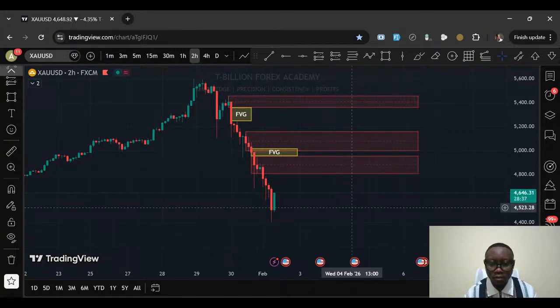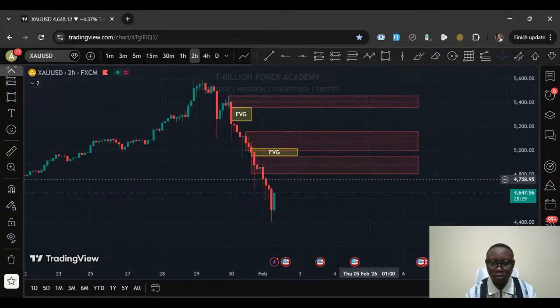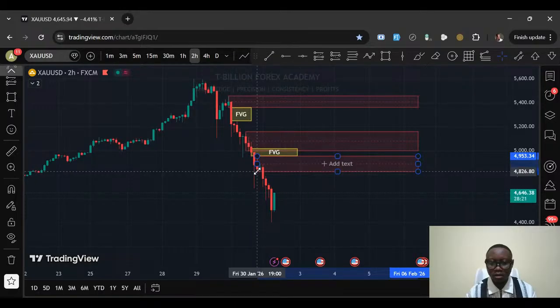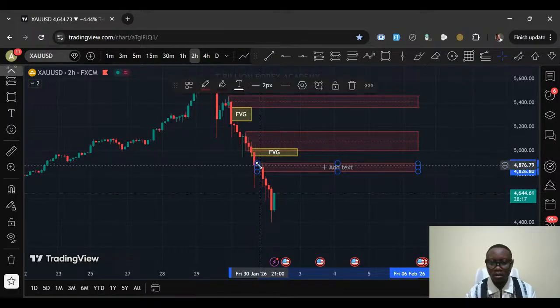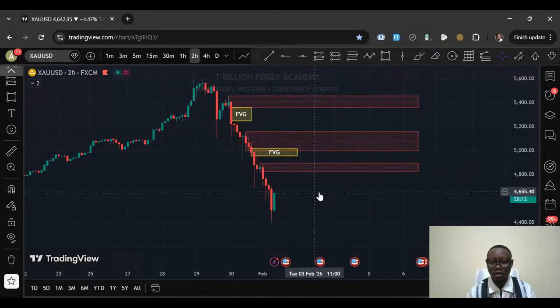For this zone, let's refine it to this green candle here. All right, so this is our order block zone.